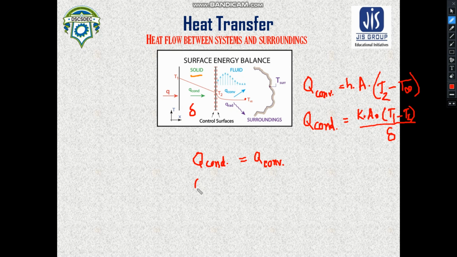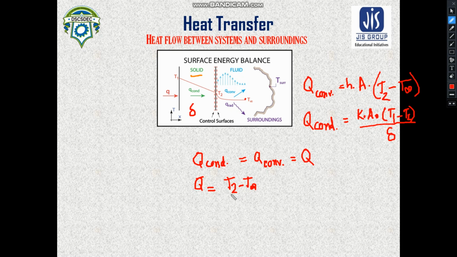That means if we write this as a general term Q, then we can say this Q is equal to hA(T2 - T infinity), as well as Q equal to kA(T1 - T2)/delta. In the format of thermal resistance or the electrical analogy, we can write these equations in this format also. So we'll be writing this equation.